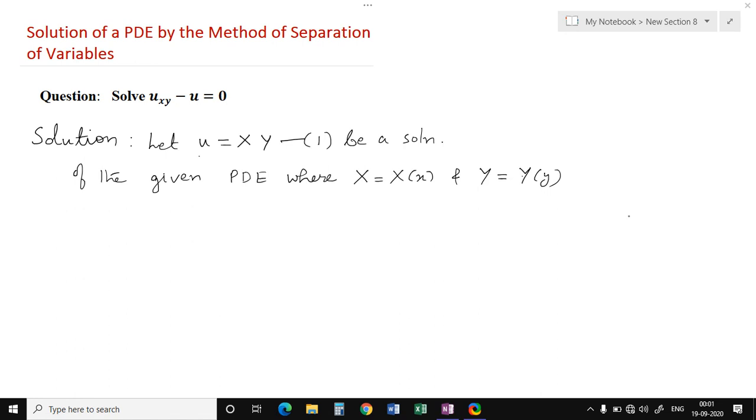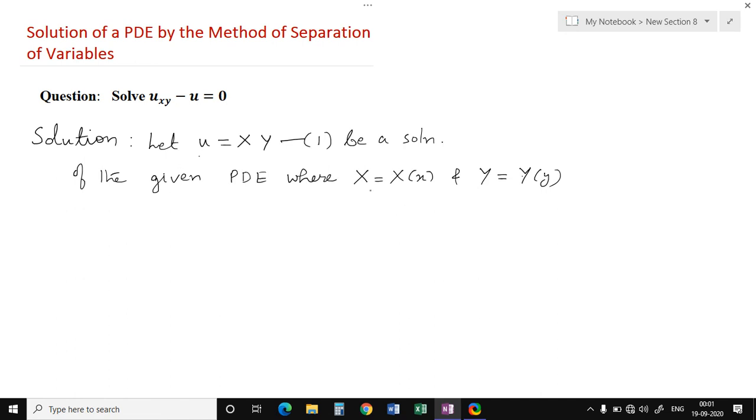So here the first step is to assume u equal to XY is the solution of the given equation, where X is a function in x alone and Y is a function in y alone.